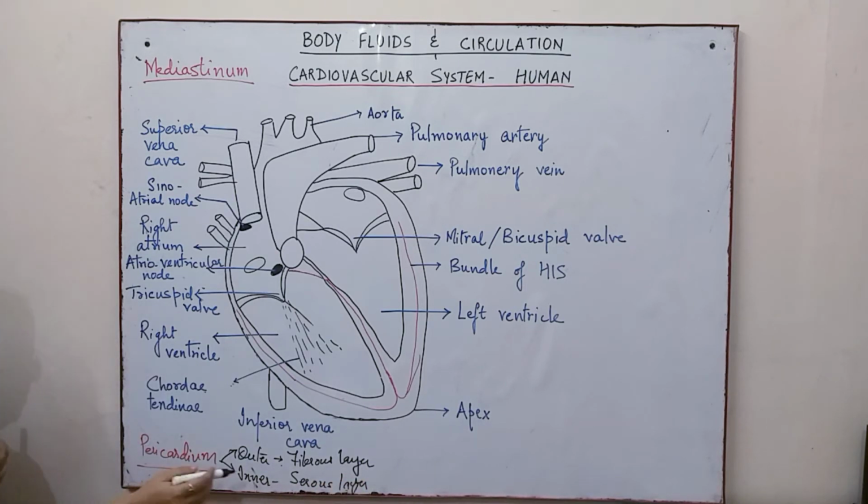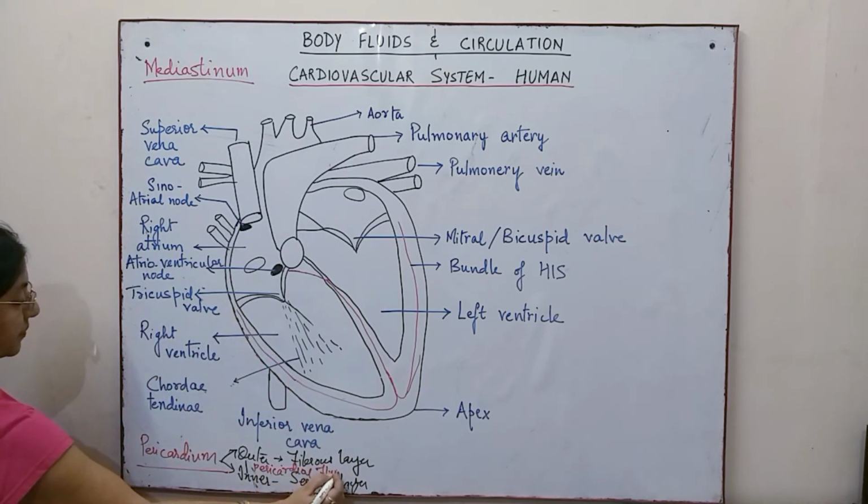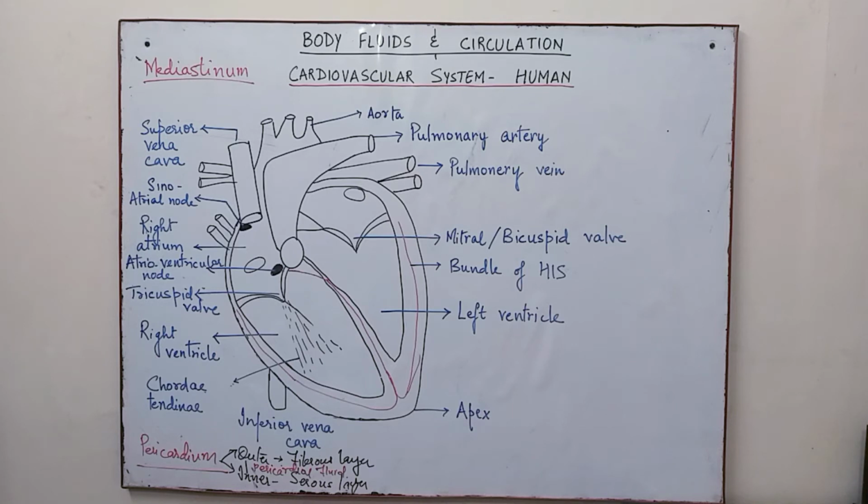This outer fibrous layer is quite thick and tough, whereas the inner layer is thin and transparent. Now the space between these two layers is occupied by pericardial fluid. This pericardial fluid is present between the outer fibrous layer and the serous layer.